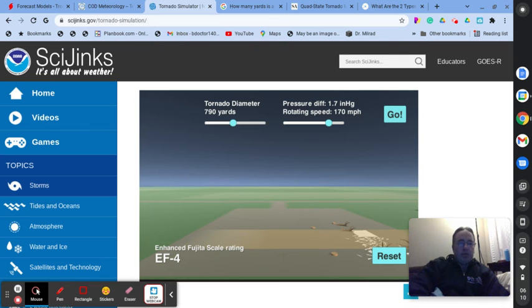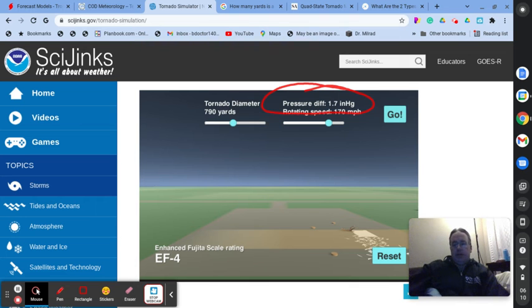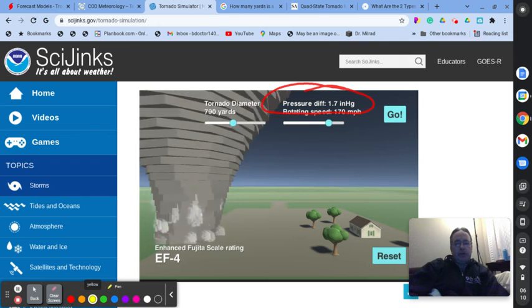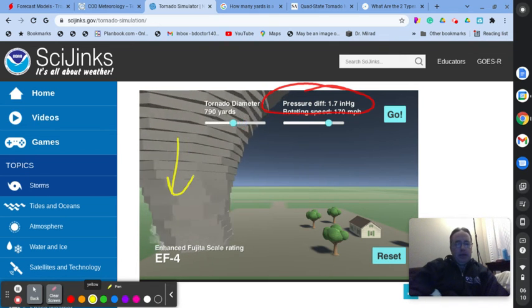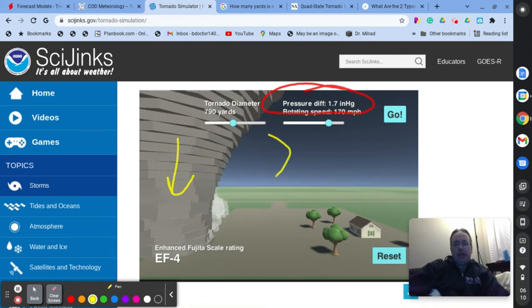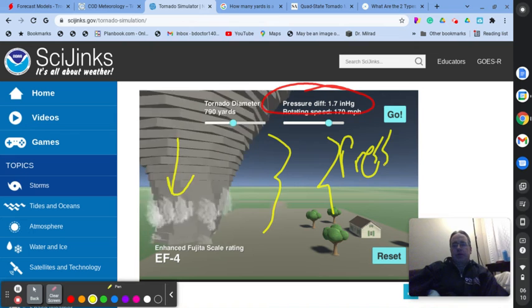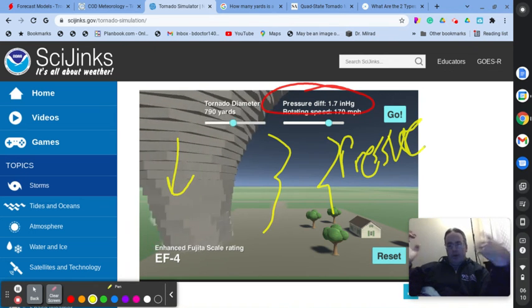Okay. So what we have here is the pressure difference between, and let me reset it so you can actually see the tornado. The pressure difference between the core of the tornado inside and the outside air pressure really determines the wind speed.